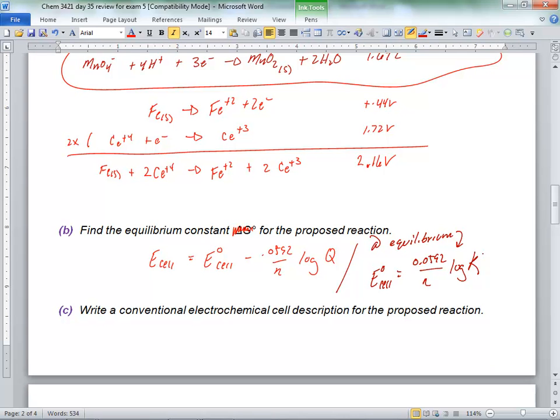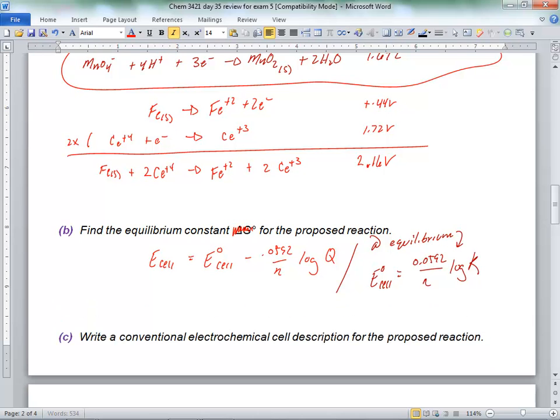Bring this over to the other side, it'll be negative, and your negative signs will cancel out. So you can get your K.